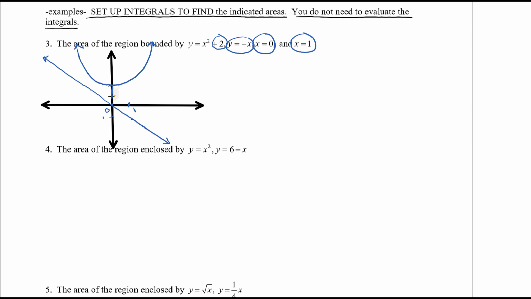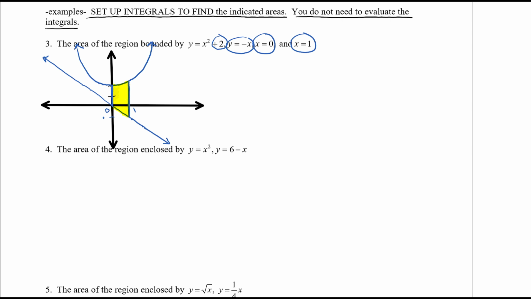And now I'm going to connect my two little points with a line. Now I've also circled the equations x equals 0 and x equals 1. I'm just going to draw line segments connecting from the parabola down to the line to represent those equations. And I'm going to shade the enclosed region of the area that I'm trying to find in yellow.